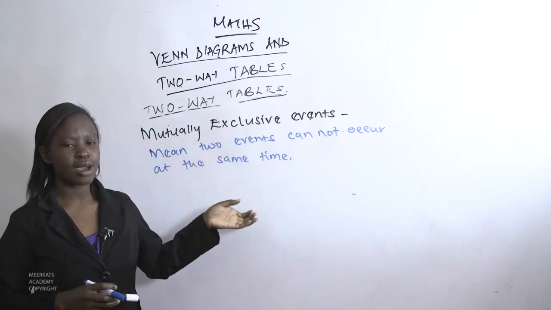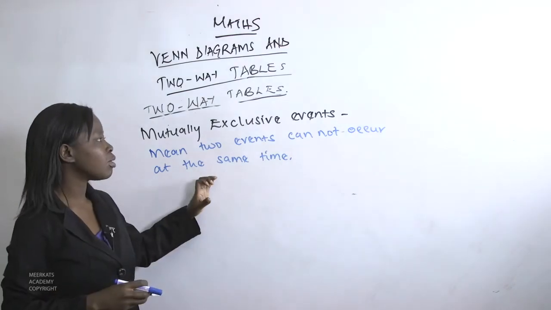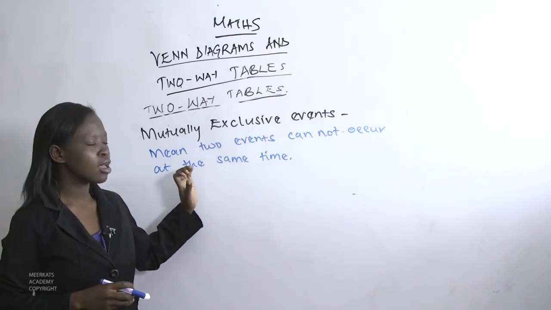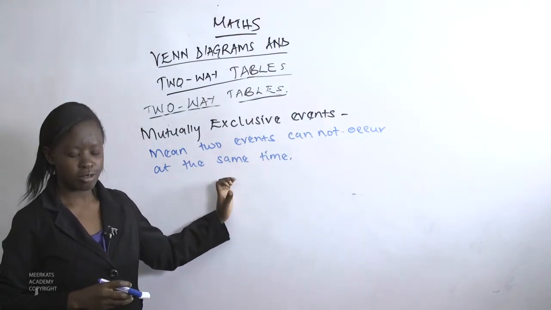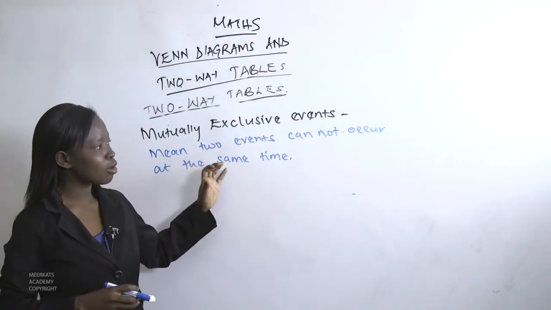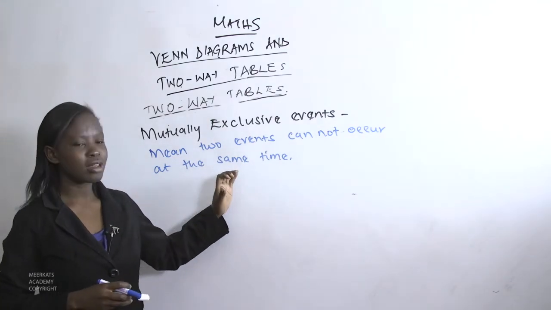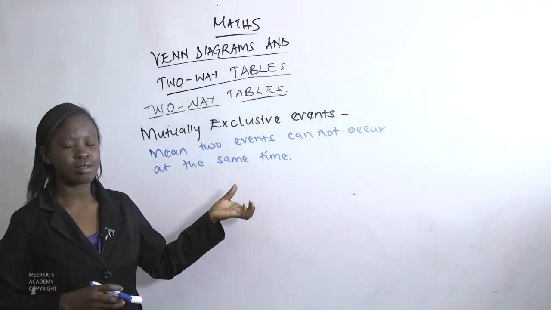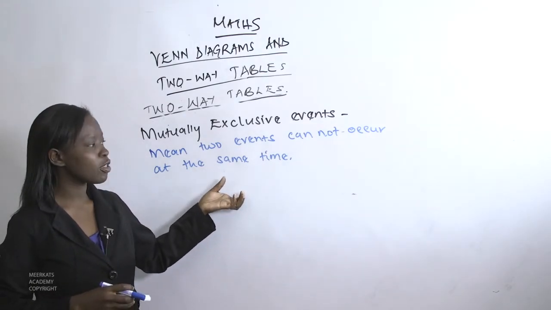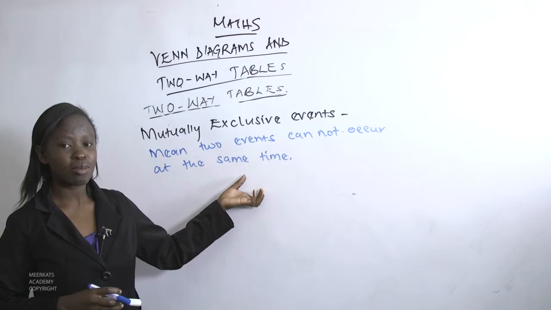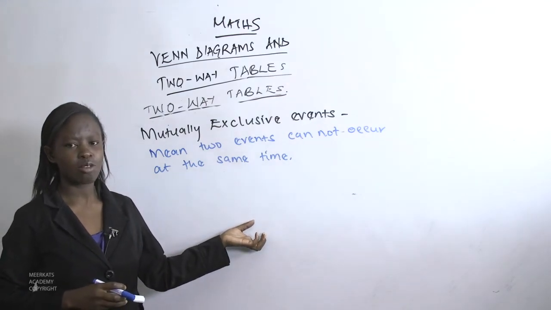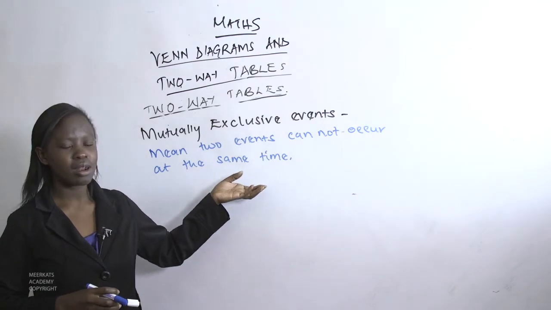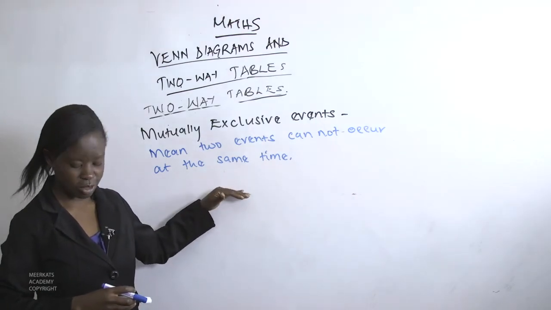They can never occur at the same time. An example we've just looked at is that there is no way a person will like apples and at the same time dislike the same apples. So if the person likes the apples, there is no possibility of disliking the same apple. So they are mutually exclusive.